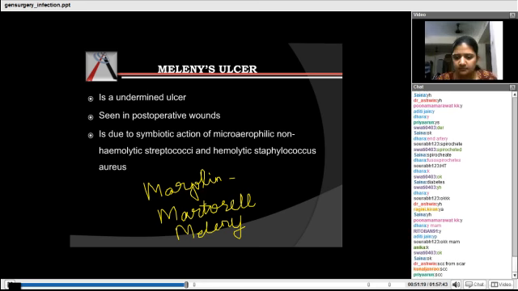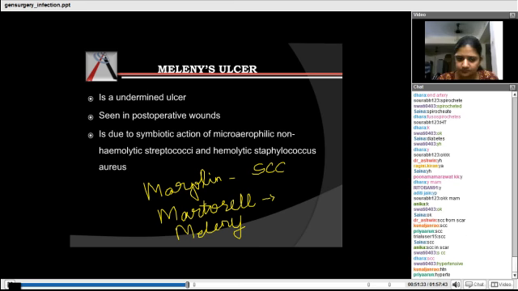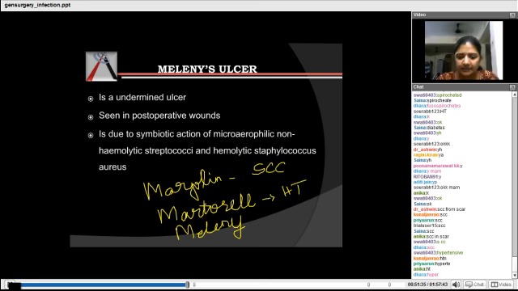Come on. Okay, a squamous cell carcinoma converting into a scar. Martorell's ulcer is seen in hypertensive patients. Melanese, we will be looking into what it is.